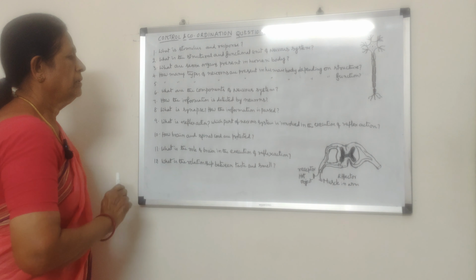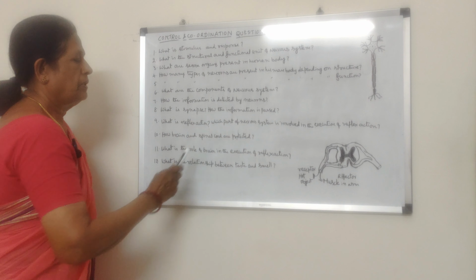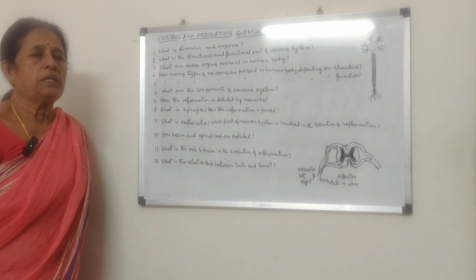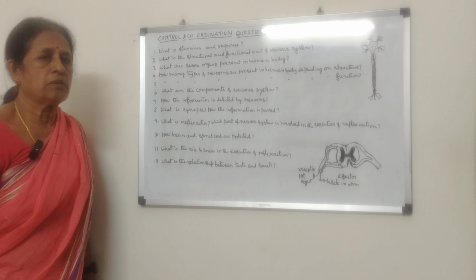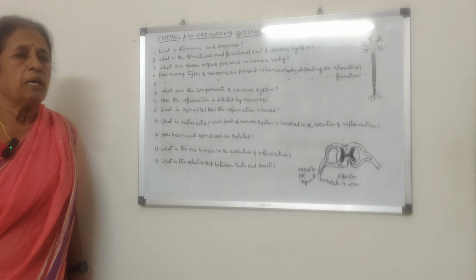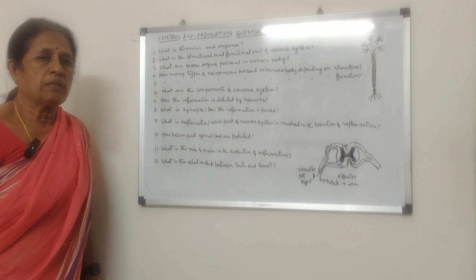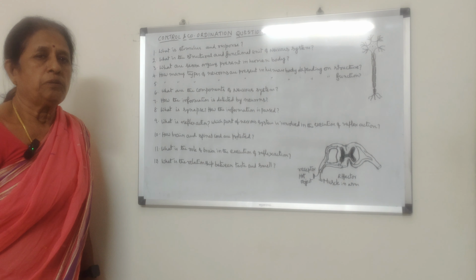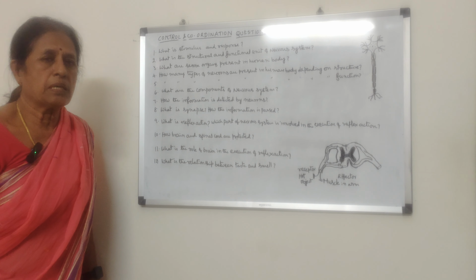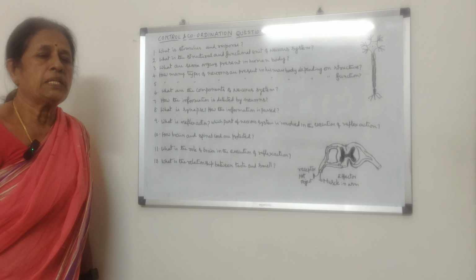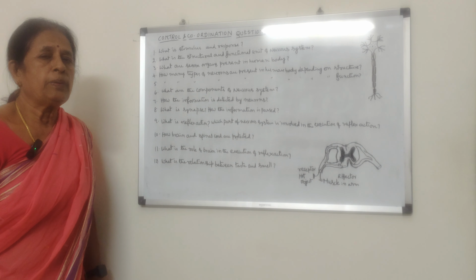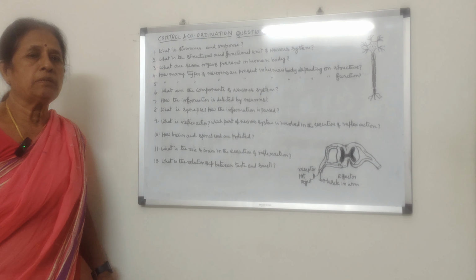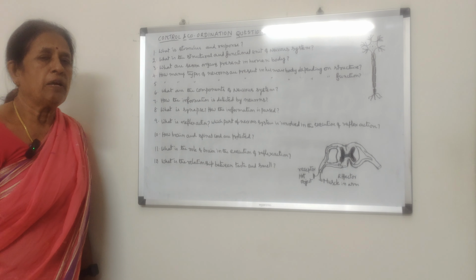How are the brain and spinal cord protected? The brain is covered and protected by a skeletal structure called the cranium or skull, and it is covered by three membranes called meninges: dura mater, the middle arachnoid membrane, and the inner pia mater. Between the dura mater and arachnoid membrane, a fluid called cerebrospinal fluid is present.